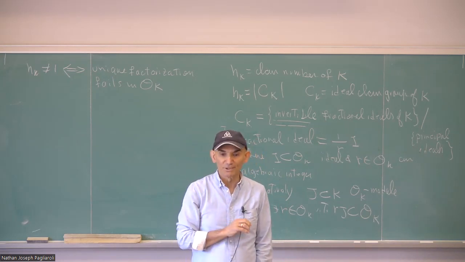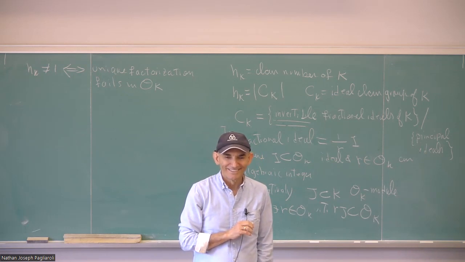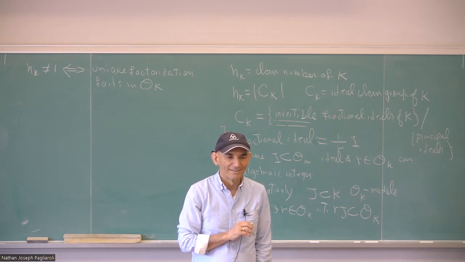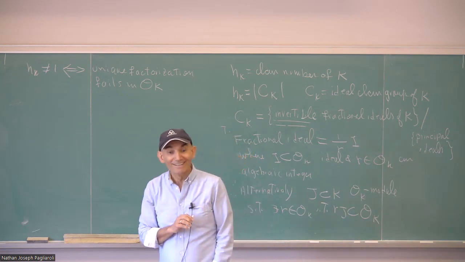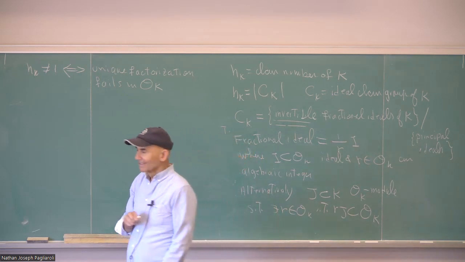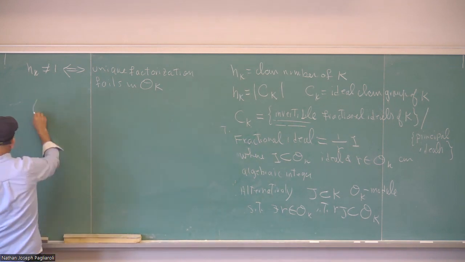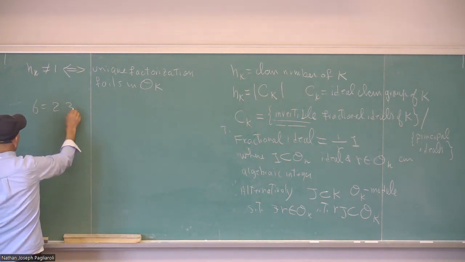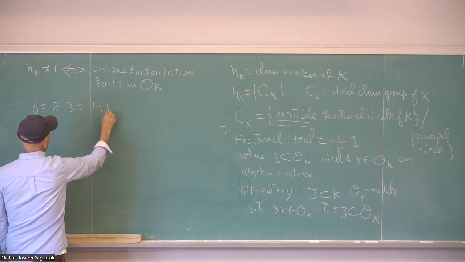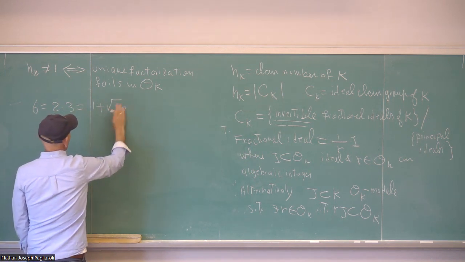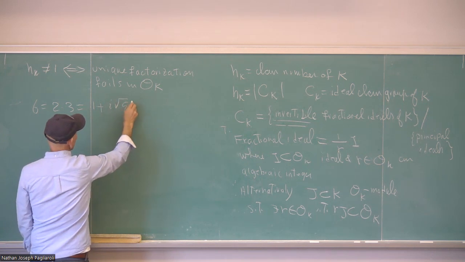What is the factorization? 6 is equal to 2 times 3. So let me put it like this instead: 1 plus root minus 5, I root 5.